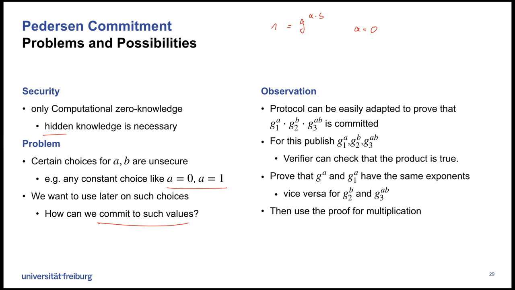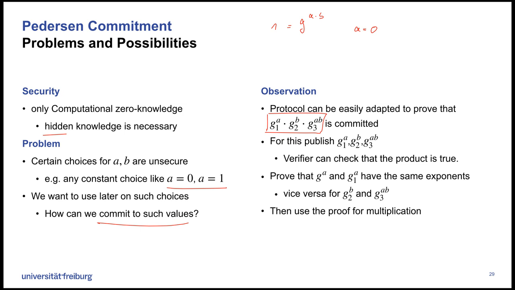Now, what you can also do, you could adapt the protocol and make a single number and have 3 different generators, G1, G2, and G3, and look at the product. And then you just have to commit to G1 to the A times G2 to the B and G3 to the AB.